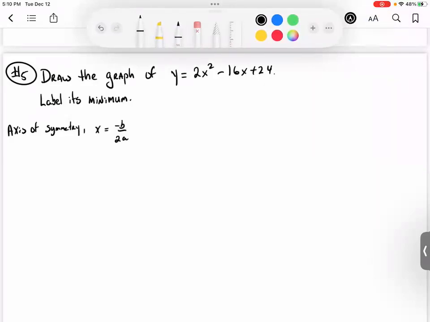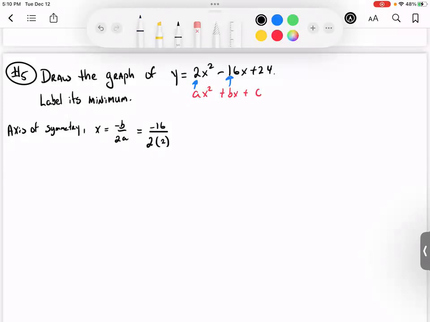When you look at the quadratic function, it's written in the form ax squared plus bx plus c, so you should recognize your values of a and b. In this problem, b is negative 16, and a is 2.